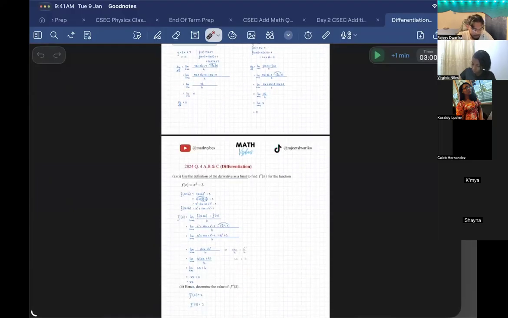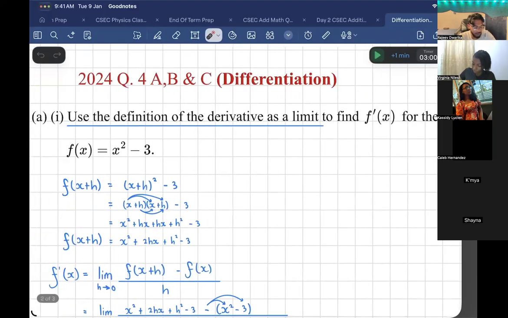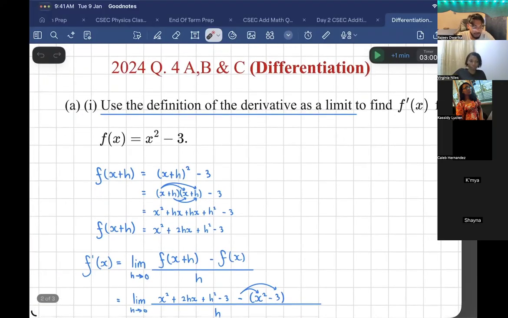So in the last class, we would have looked at first principles, right? And this would have been the concept behind differentiation. When you do first principles, certain observations will be noticed. Let me give you an example. Let me just say we had f of x is equal to x squared minus 3, right?